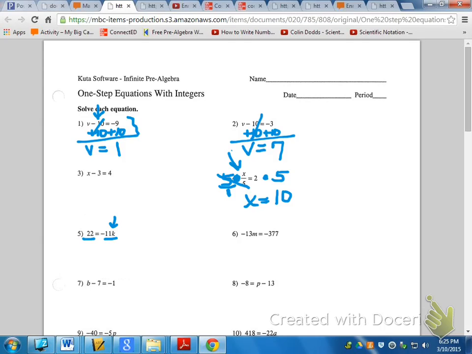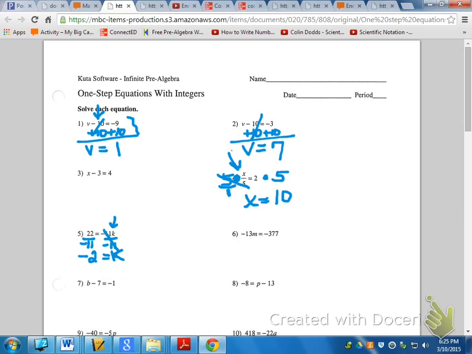You divide away whatever number is with your variable. So we're going to divide by negative 11. Negative 11 divided by negative 11 cancels out, and k would equal positive 22 divided by negative 11. A positive divided by a negative is a negative when the signs are different, and 22 divided by 11 is 2. So k is negative 2.